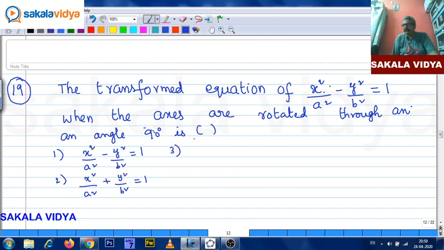Third option y square by b square minus x square by a square equal to 1. Fourth option y square by a square minus x square by b square is equal to 1.